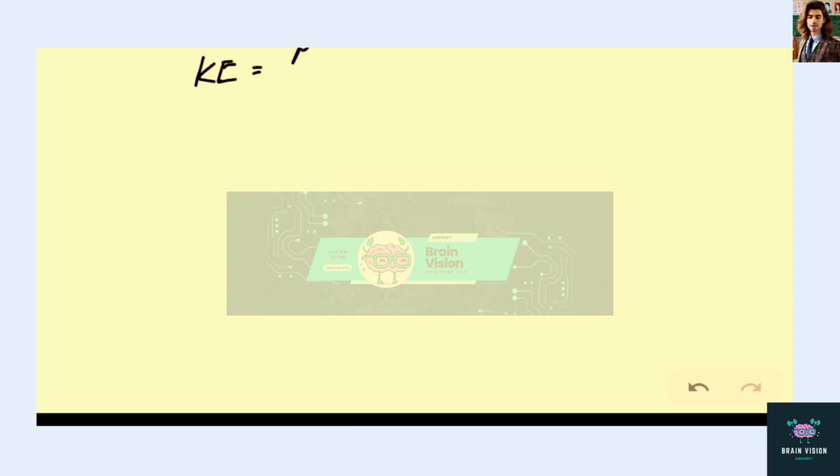We can find kinetic energy by taking p squared over 2m, but in this case for the daughter nuclide, the radon. We already found that the momentum is 190.6 MeV per c.